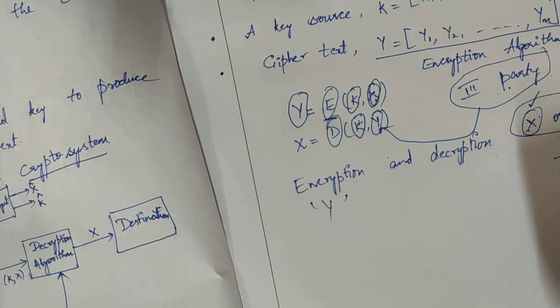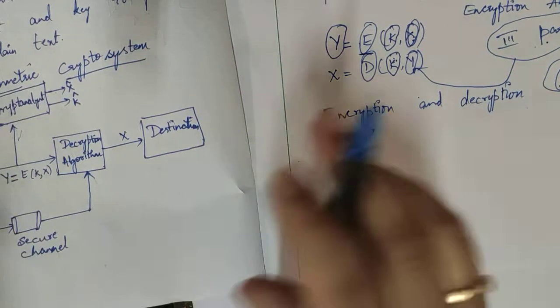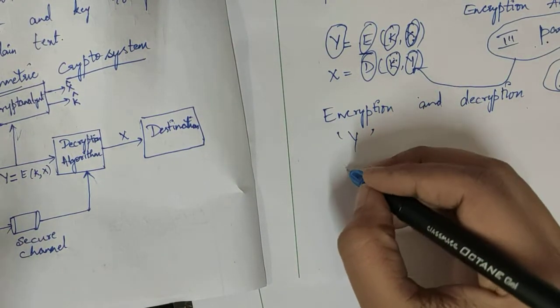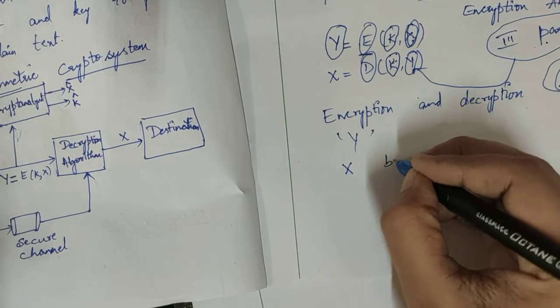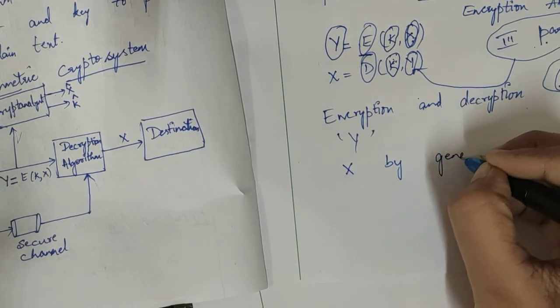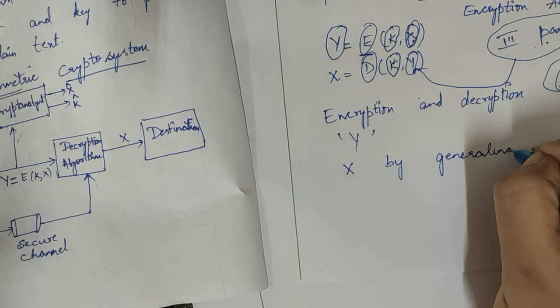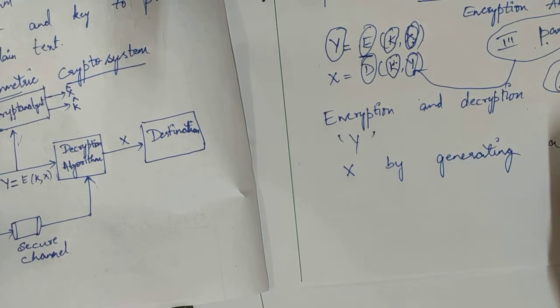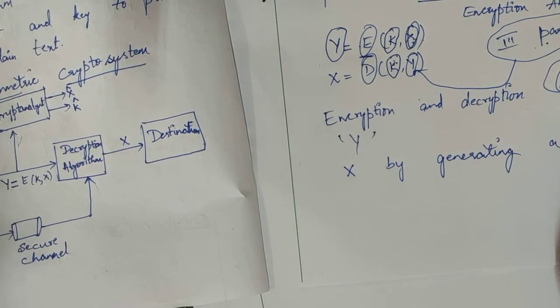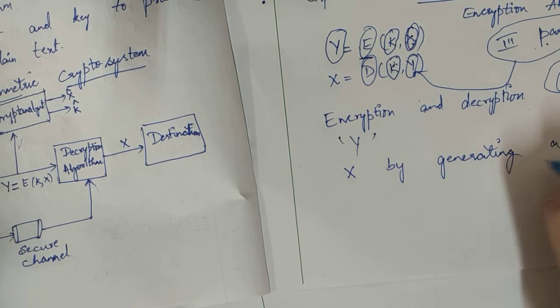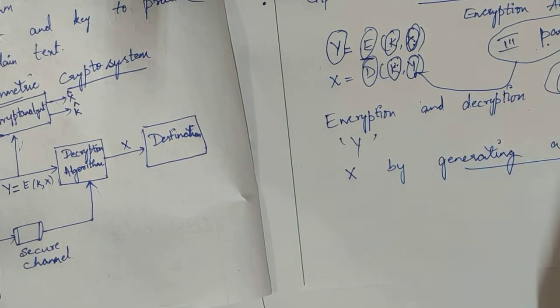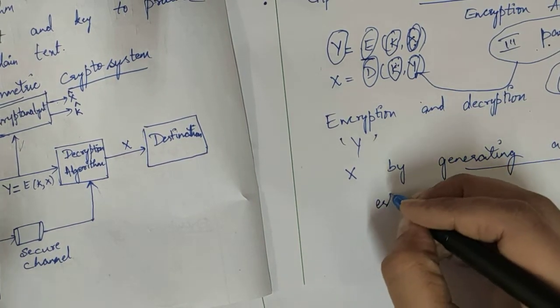Okay. So the opponent may do one of two things. One is he recovers X by generating a plain text, and we will call this plain text the estimate X cap.